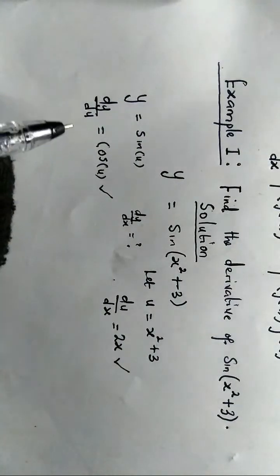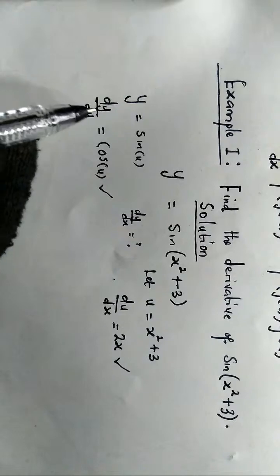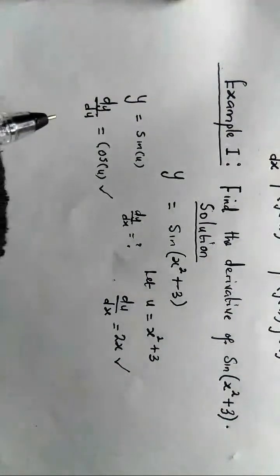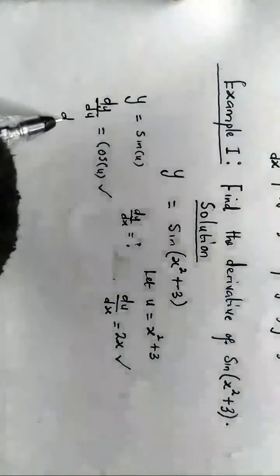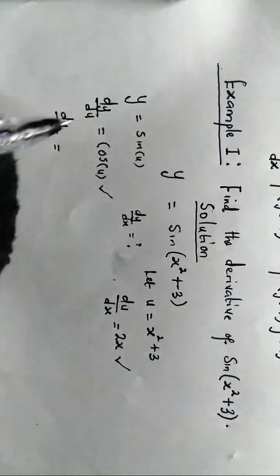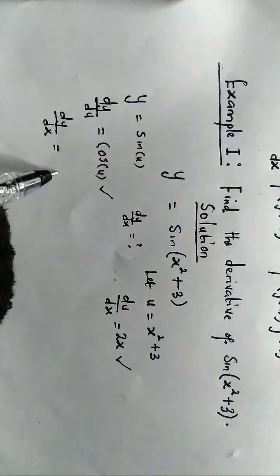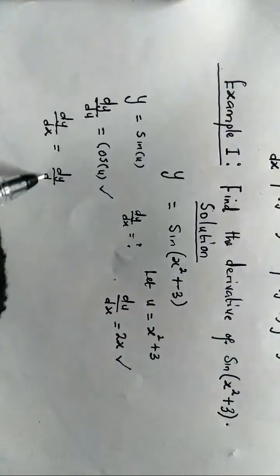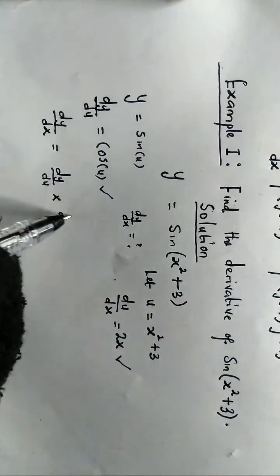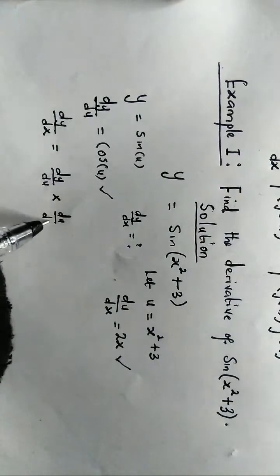What if we think about multiplying this derivative with this derivative? What will happen? Let's see. We can say that our dy dx is equal to this one here, dy du, multiplied by this one here, du dx, right?